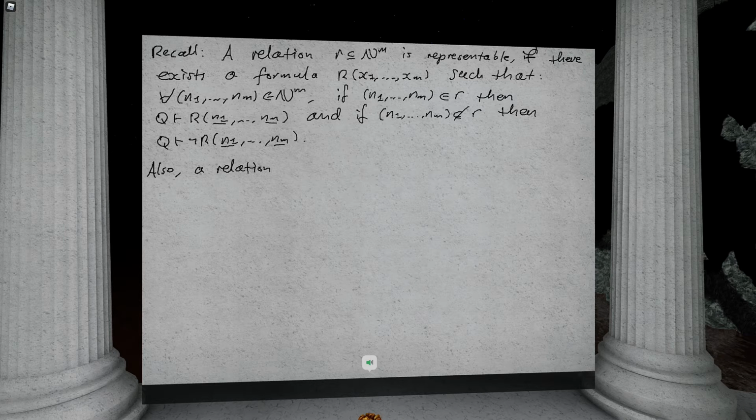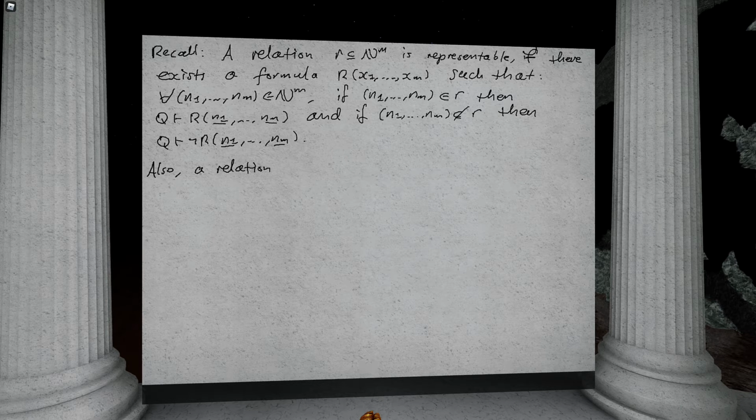The reason is that a relation is general recursive if its characteristic function is general recursive, right? And so what we're saying is that a relation is general recursive if its characteristic function satisfies that stronger hypothesis that we ended up introducing, right?